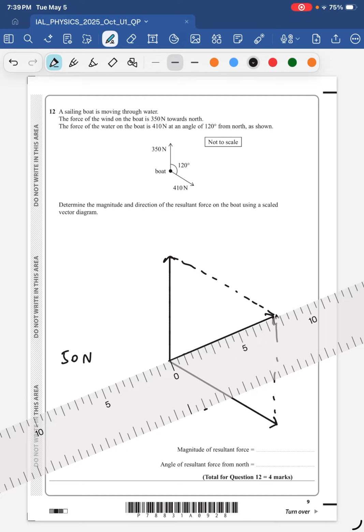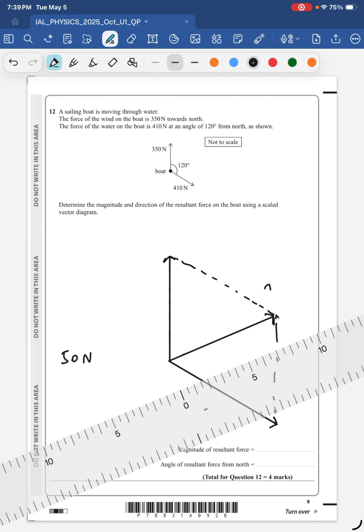So it seems like the length of this is what? So that's 50, 100, 150, 200, 250, 300, 350, 380, something like that. Okay, so 380 newtons.